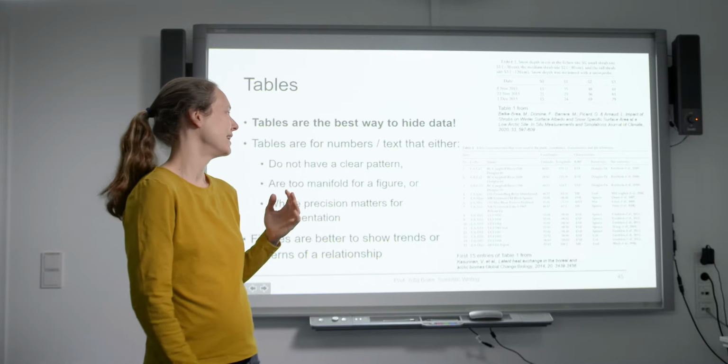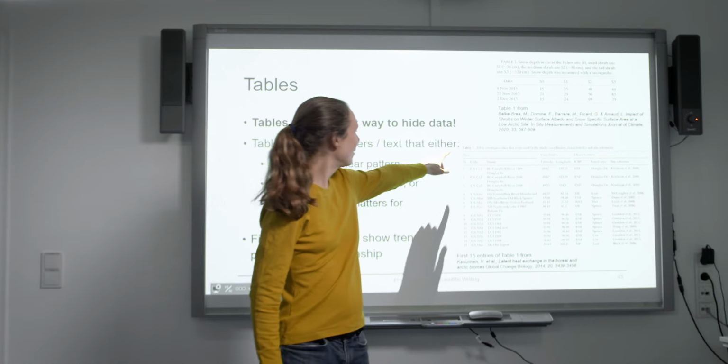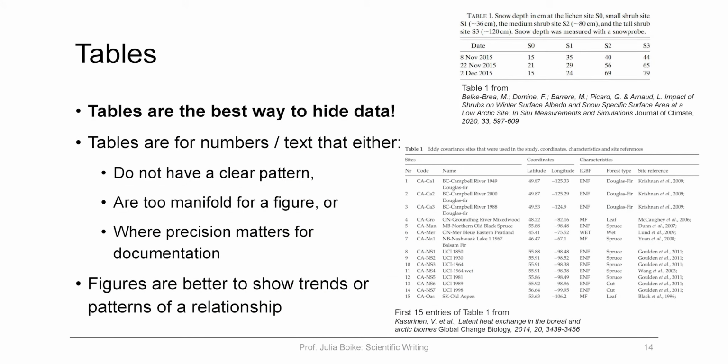Or if you have really a lot of data that doesn't fit into a figure. For example, here, this study had not only these 15 study sites, but like 200. And of course, you can also include them in a map, and I'm sure they did. But they want to have additional information. For example, the citation, where they found the data, the environment, and the forest type, some kind of name and code.